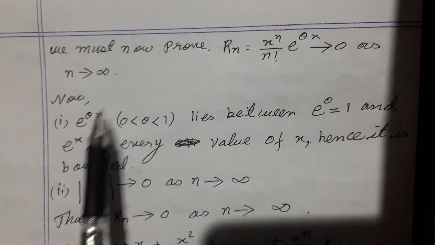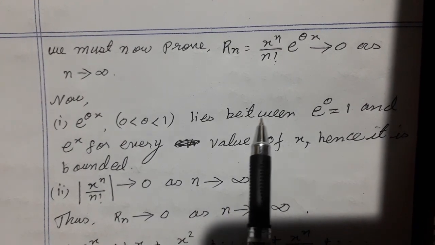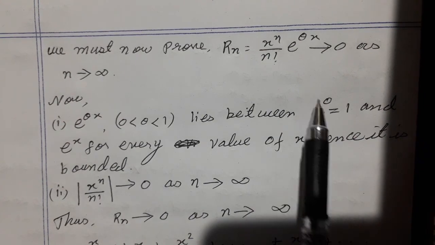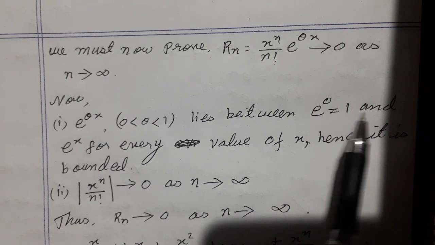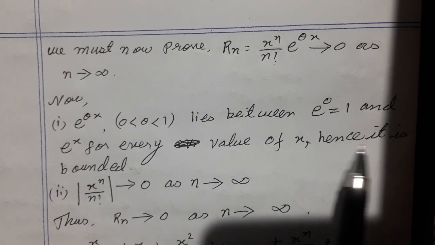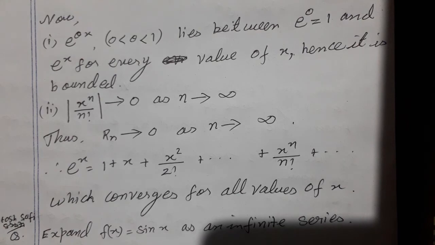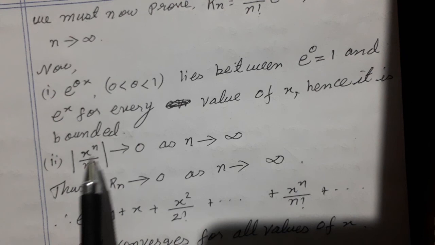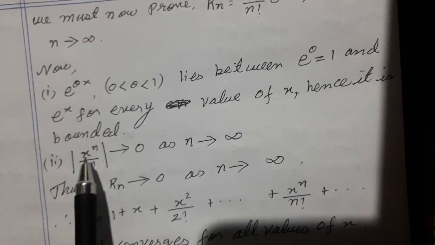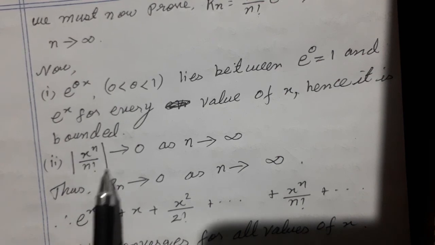Now if we look at e^(θx), where 0 < θ < 1, this is lying between e to the power 0, which is 1, and e^x, for every value of x. So since the value is lying between 1 and e^x, that shows that it is bounded. And also if you see x to the power n by n factorial, if you apply the limit n tends to infinity, n factorial becomes bigger faster compared to x^n.